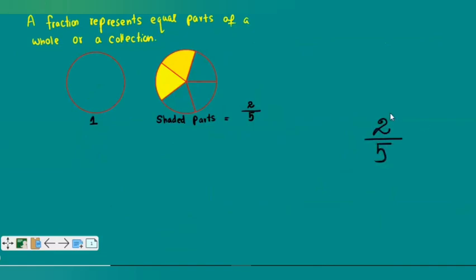Then 2 is called the numerator. In mathematics, the numerator is the number of equal parts that are considered.